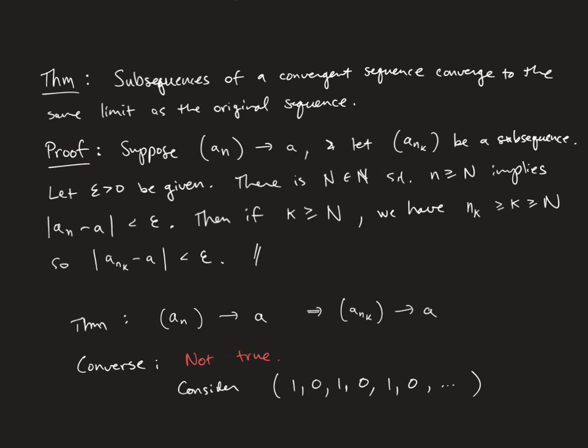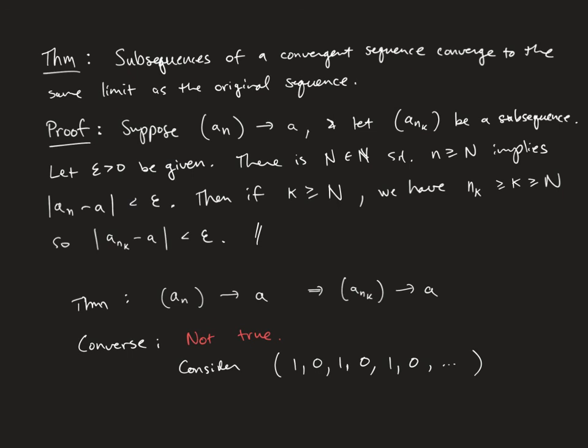but it has convergent subsequences, right? So you have this convergent subsequence of ones. You also have a convergent subsequence of zeros, but that does not imply that the original sequence converges. In fact, we can use this theorem to show that this original sequence doesn't converge, because we can use the contrapositive of this theorem.